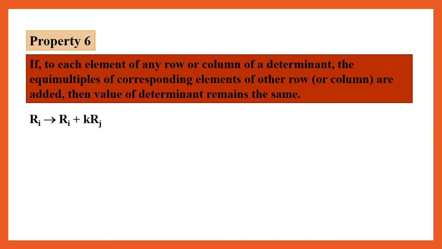The meaning of this property is that if we apply the operation Ri implies Ri plus k Rj, then there is no change in the value of the determinant obtained. Similarly, we can make use of the operation Ci implies Ci plus k Cj. So when we apply these two operations, that is either the row operation or column operation, there is no change in the value of the determinant.